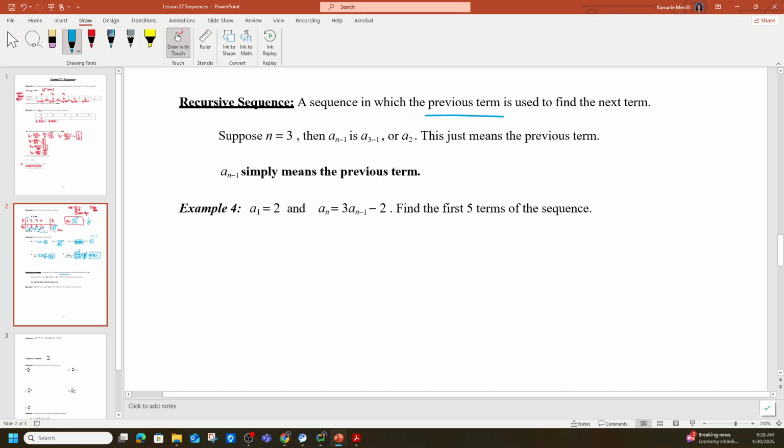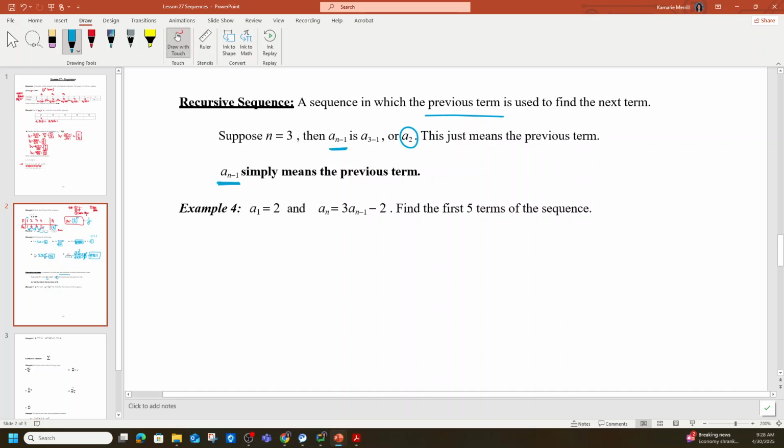So suppose n is 3, and I am at my 3rd term, and I do a sub n minus 1. n minus 1 stands for the term prior. So if I'm at my 3rd term, a sub 3 minus 1 is my 2nd term. My 2nd term is the previous for my 3rd term, okay? So it simply means previous term.